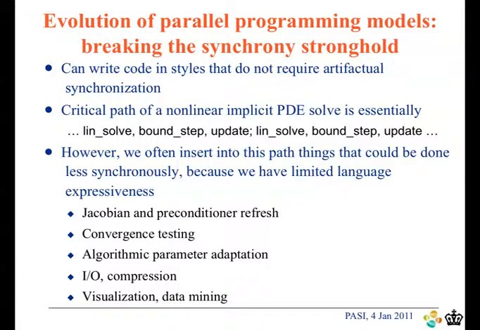Those are the key steps that take the state from one step to the next. But we insert into those lots of things artifactually, like computing a new Jacobian, or refactoring the preconditioner, doing convergence testing, adapting algorithmic parameters, doing I/O or data compression, doing visualization or data mining. We often embed those into that critical path.